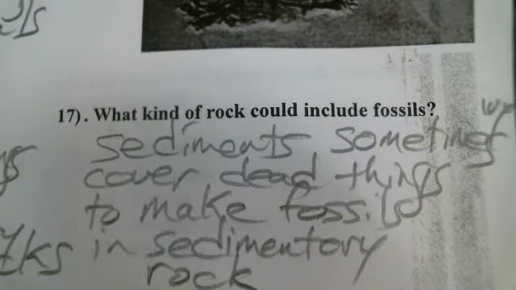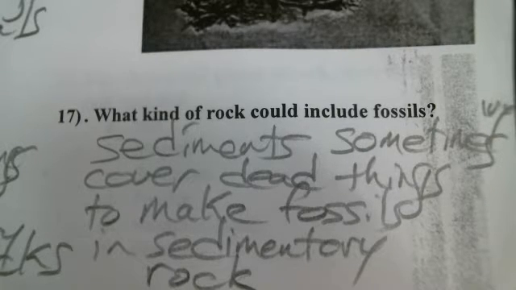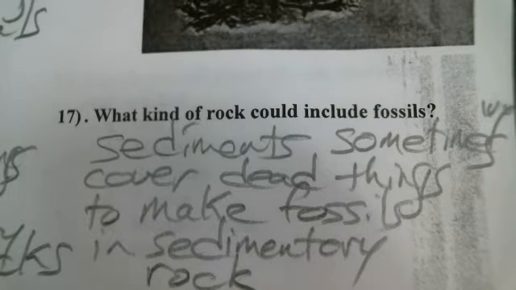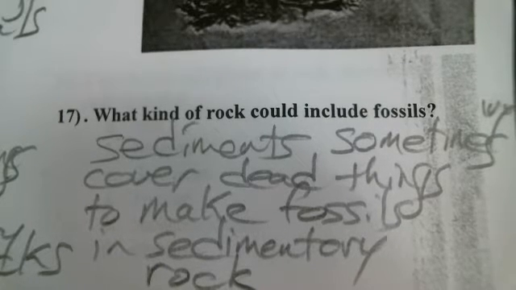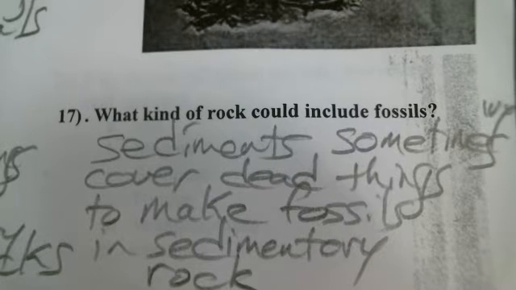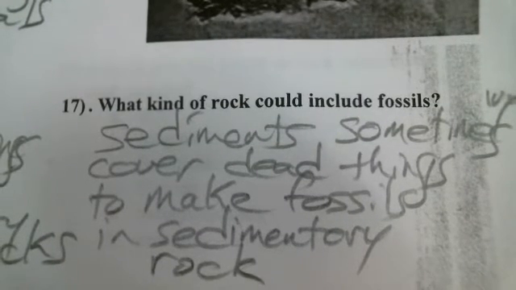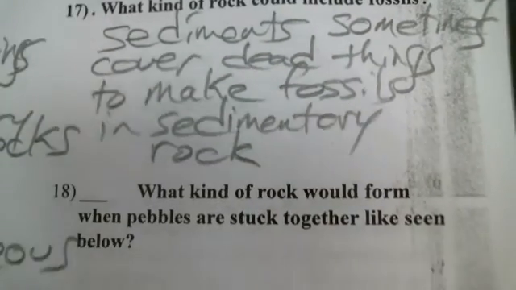The extreme heat and pressure that makes metamorphic rocks would erase any kind of fossils. And the heat of magma or lava would also erase any fossils. So it's only in sedimentary rock that we find those things.